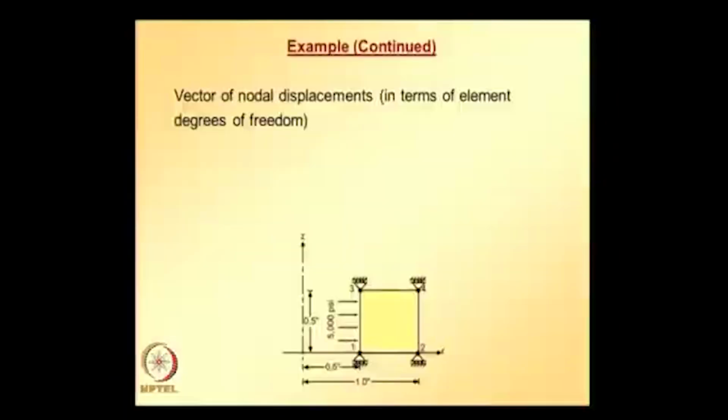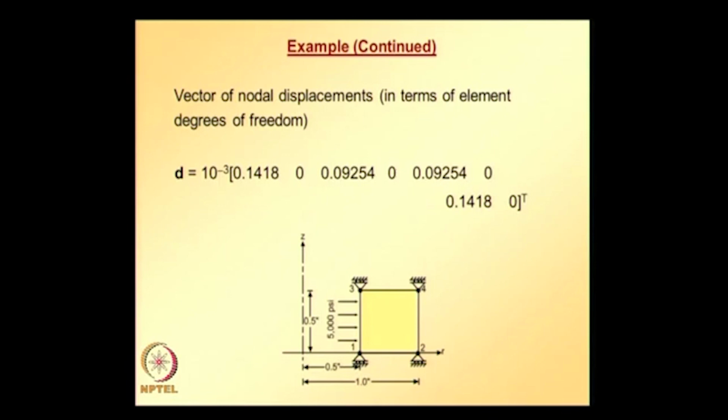To calculate strains we need the nodal displacements in terms of element degrees of freedom, that is, these displacement components arranged with respect to the local node numbering. This displacement vector consists of the components of displacement at all the 4 nodes.